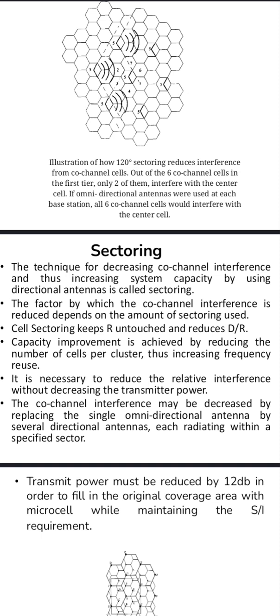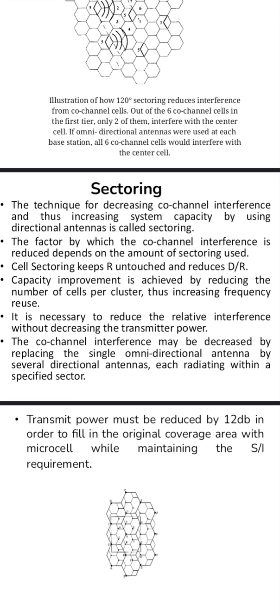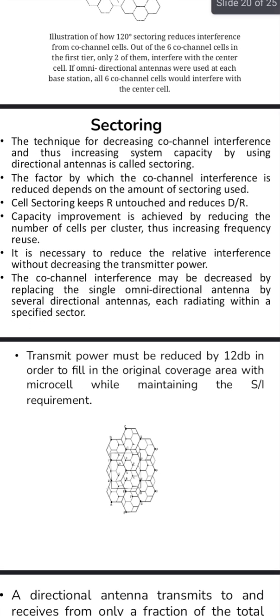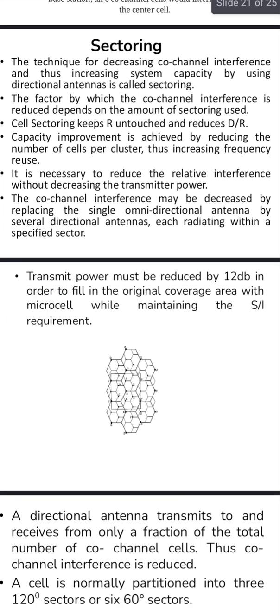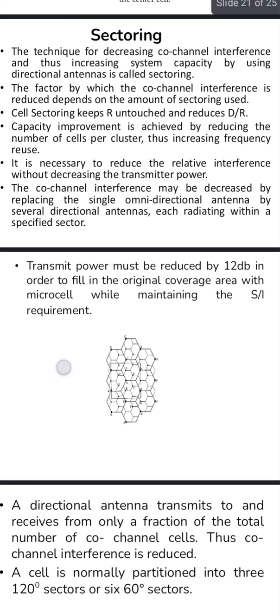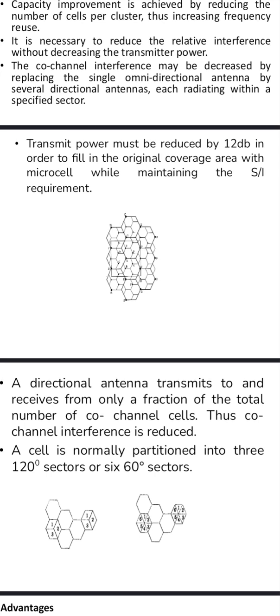Here the co-channel interference may also be decreased by replacing the single omnidirectional antenna by several directional antennas, each radiating within a specified sector, so that transmit power is also reduced by 12 dB in order to fill in the original coverage area with microcells while maintaining the interference requirement.